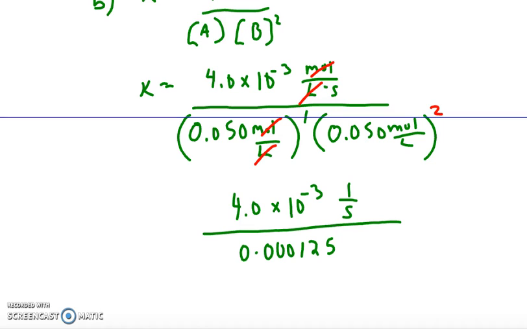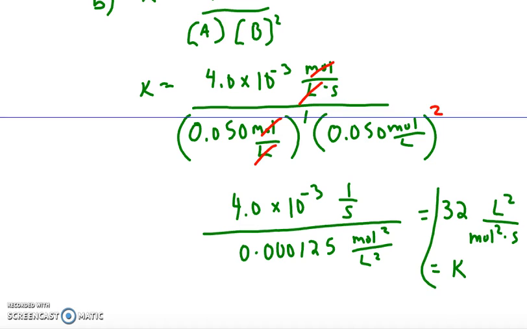I am left with moles squared over liters squared. And so when you finally reduce this all down, you're going to get the value of 32. Try it in your calculator. And the units, as they divide through, you end up getting liters squared over moles squared times seconds. That right there is the value of your rate constant for that particular reaction.